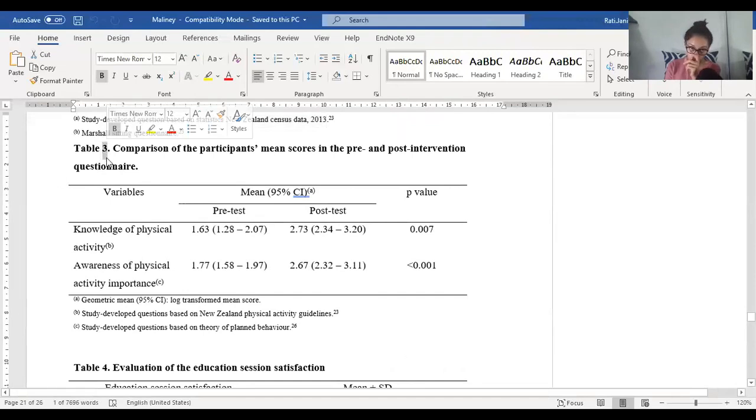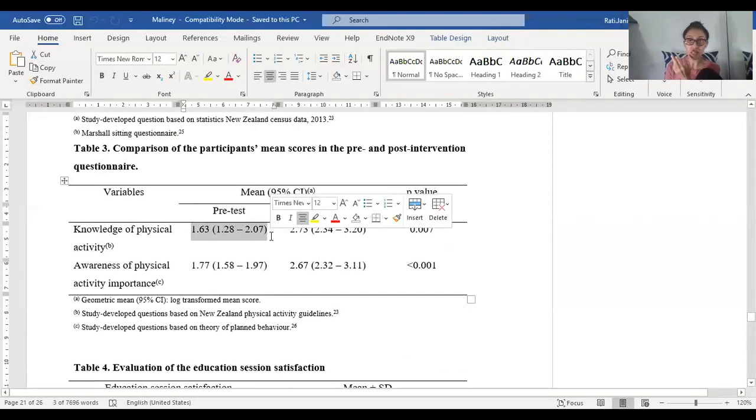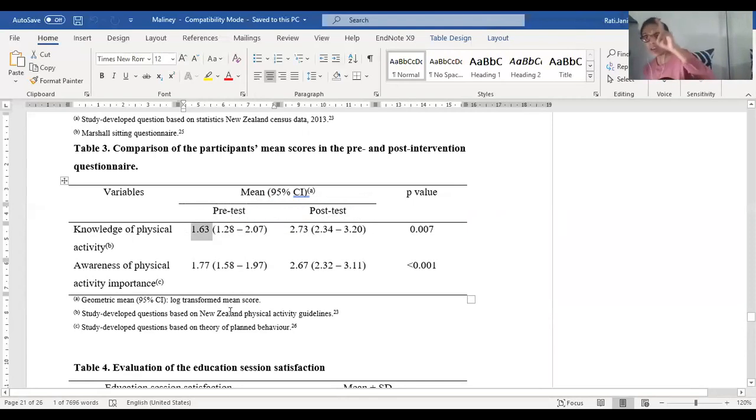Okay, so your table 2, as I said, is from those correct number of answers, pre-intervention, post-intervention. So if you see, she has reported means and confidence intervals, because she was very confident in her t-tests and she was good at statistics. But as I said, you are free to report means and standard deviations. So you will have mean, then you'll have plus minus standard deviation, and I have shown you in the SPSS output where you can search for means and standard deviations.